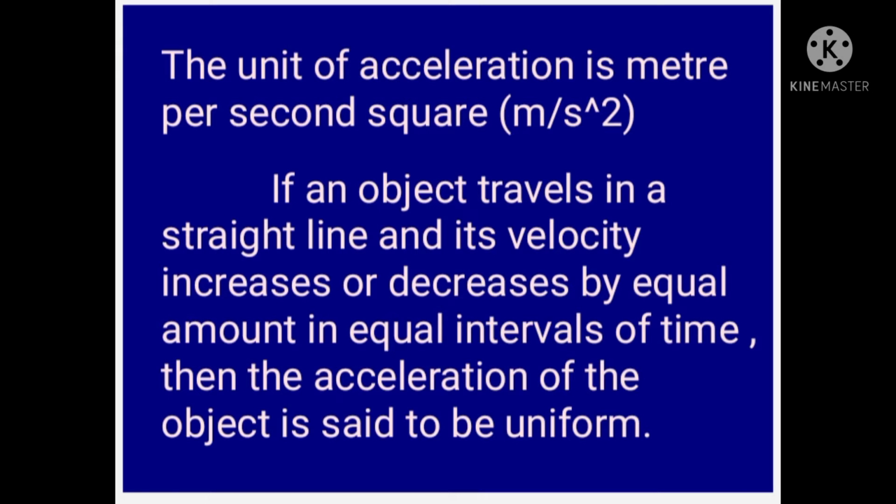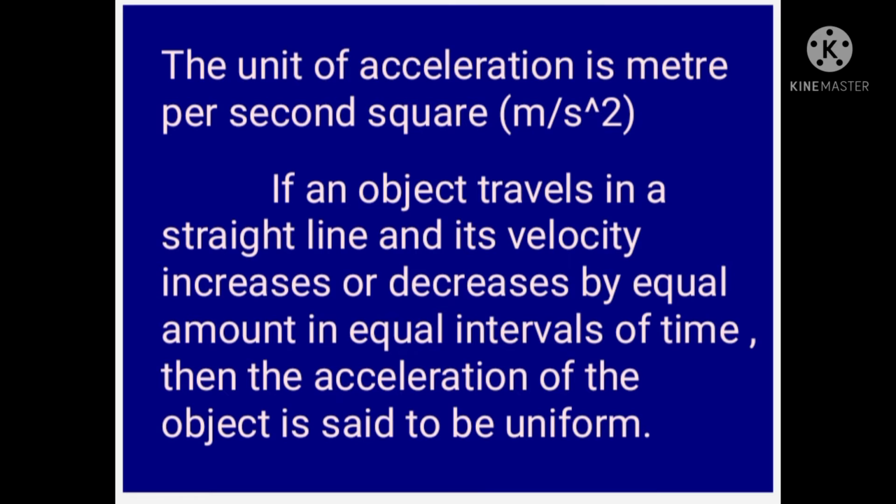second square. If an object travels in a straight line and its velocity increases or decreases by equal amounts in equal intervals of time, then the acceleration of the object is said to be uniform. For example, the first velocity of a car is 5 meter per second.